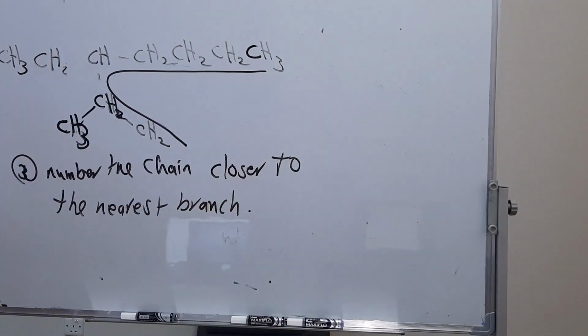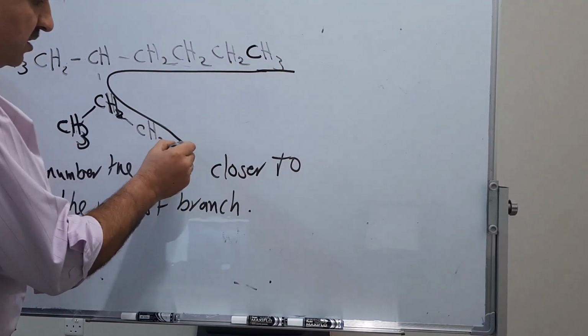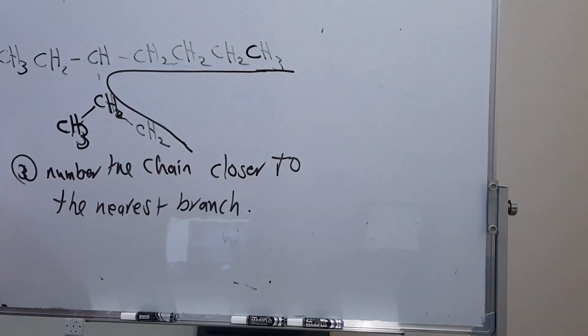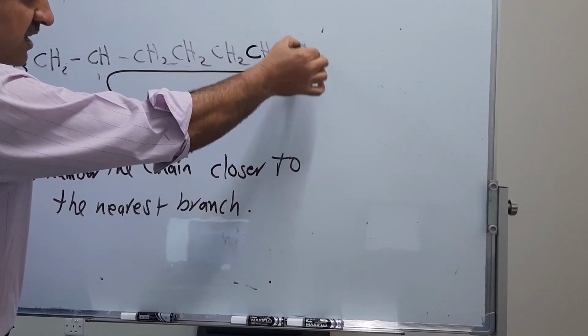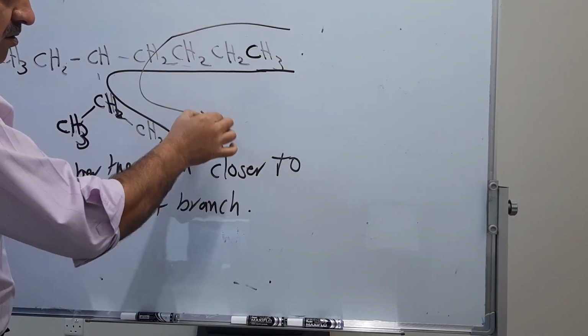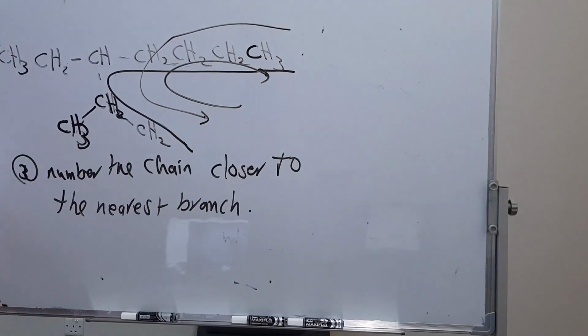Do you follow me? All right. Now, the chain we have chosen is this chain, right? So this is the chain. We have only two options for numbering the chain. Either we start from this side, going this way, or we go upward, the opposite way.